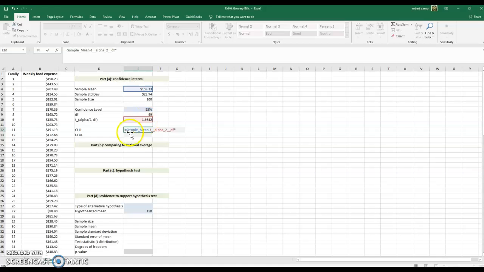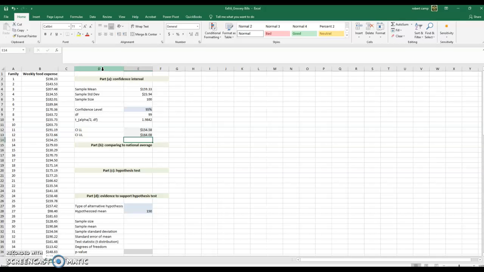We're going to multiply that by our standard deviation, and then divide that by the square root of our sample size. And execute that, and so the lower bound is 154, and I'm just going to roll that equation down, and we will change it to plus all that.